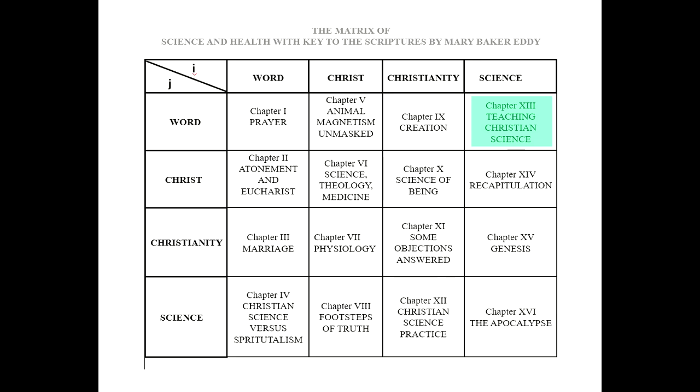And it's a crucial point at the place value of science as the word, because science as the word now is going to fall back on everything that we have seen in the word vertical, the Christ vertical, the Christianity vertical, and say, this is principle.